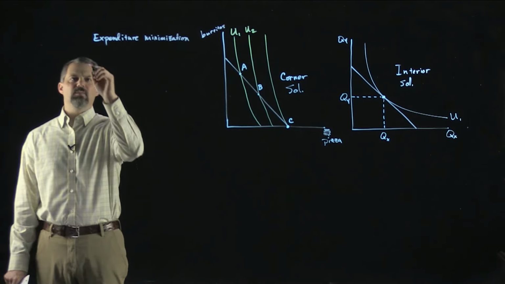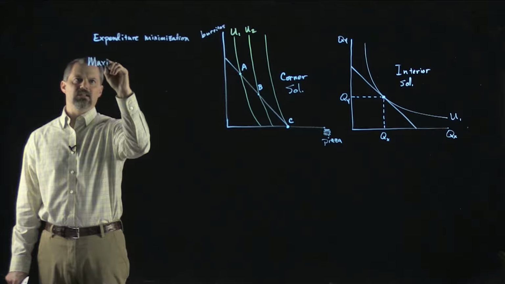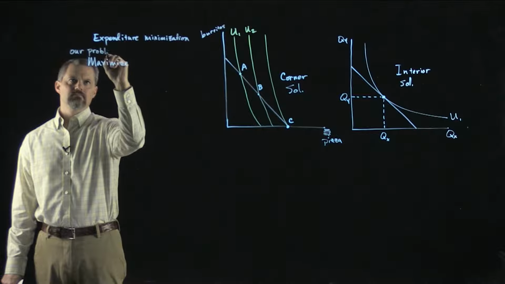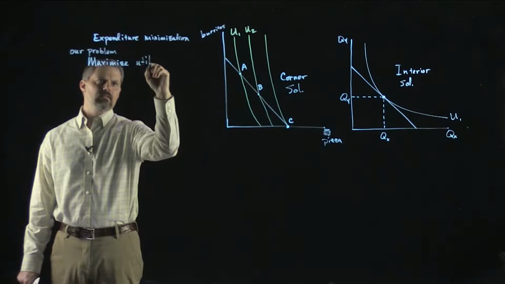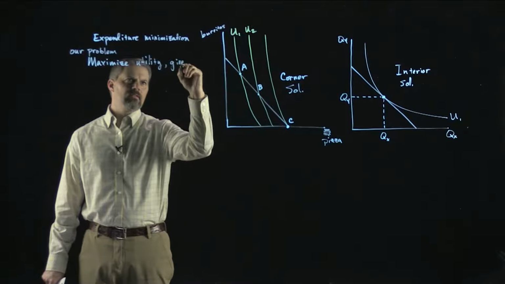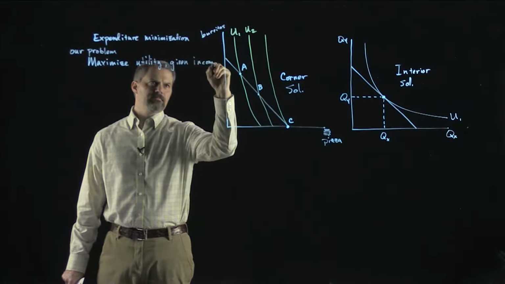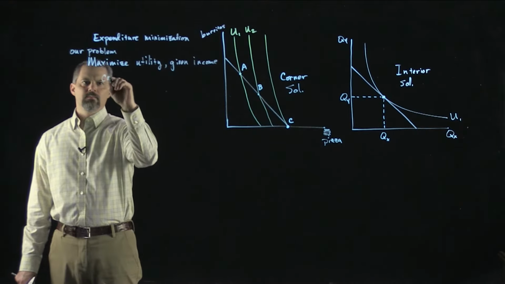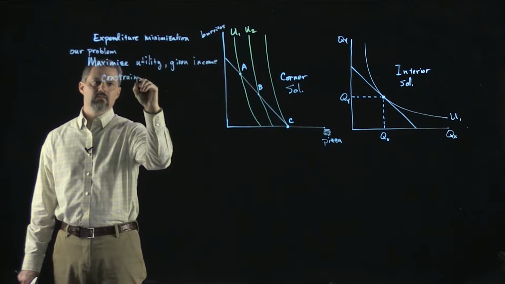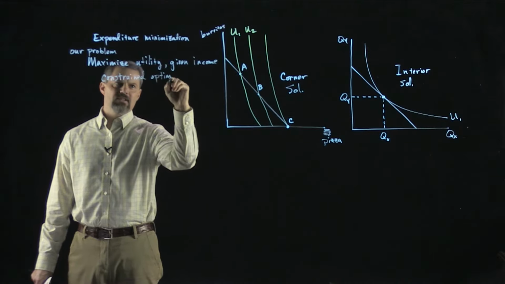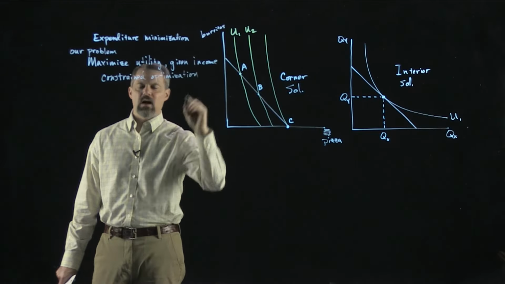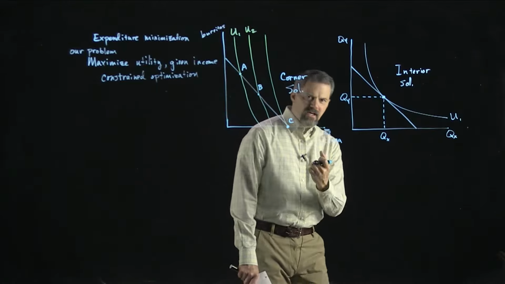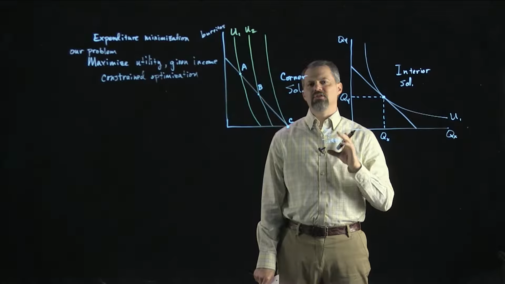Our problem is to maximize utility given income. It's a constrained optimization problem. It's actually a very simple calculus problem, but we're not going to work through the calculus of it. The constraint is income, and the thing that we're trying to optimize is utility.